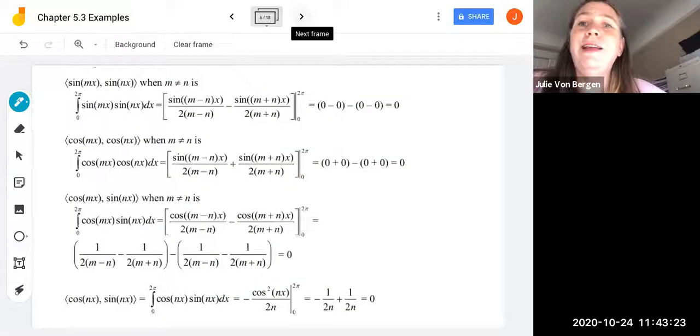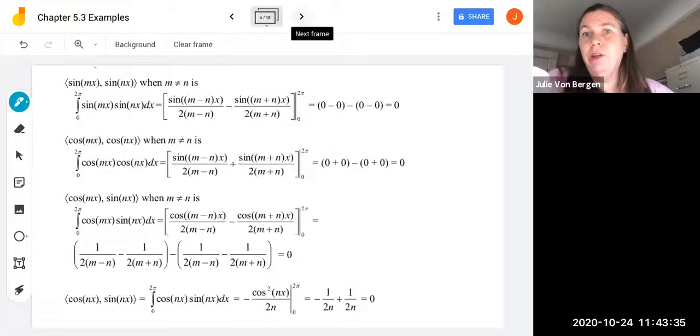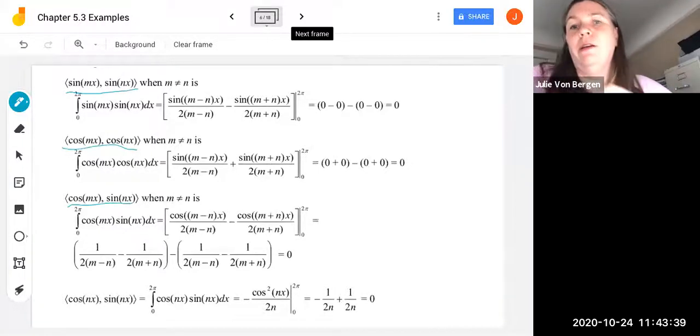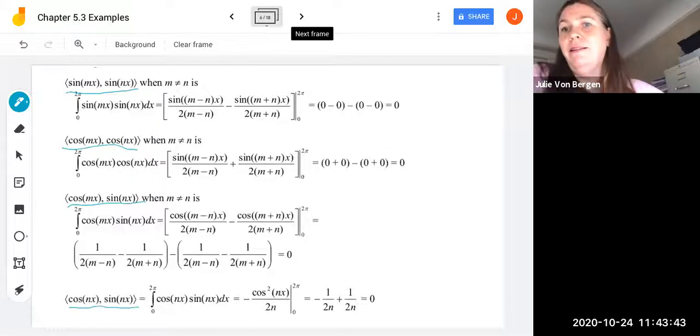All right, now let's take a look at sine of mx inner producted with sine of nx, because remember, we're thinking of every combination of vectors here. Then we'll also look at cosines inner producted with each other, and the cosine and the sine inner producted with each other, when m and n are different and when n is the same value.